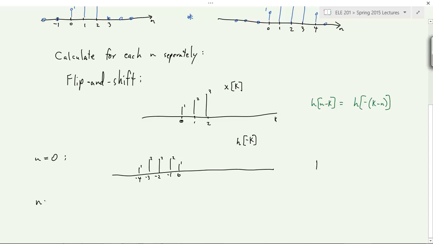Okay. Now let's do the calculation for n equals 1. What we need to do here is plot h of negative k minus n, which is 1, right? All right. So rather than be at 0, everything's going to shift to the right by 1.